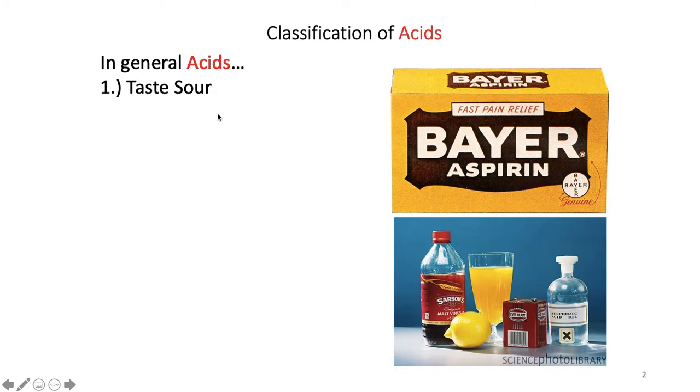We know this even though we don't think about it: vinegar is a weak acid, and we know it tastes sour because we use it in our food and we have tasted it. Lemons, for example, taste sour as well. They have citric acid. They're weak acids, that's why we can eat them, but they taste sour in general.